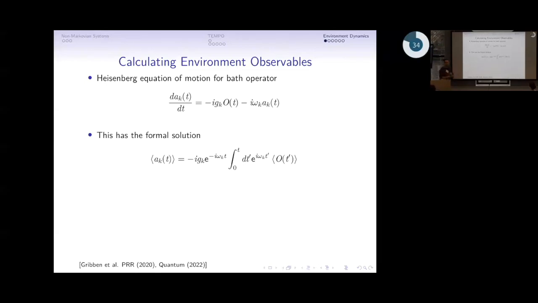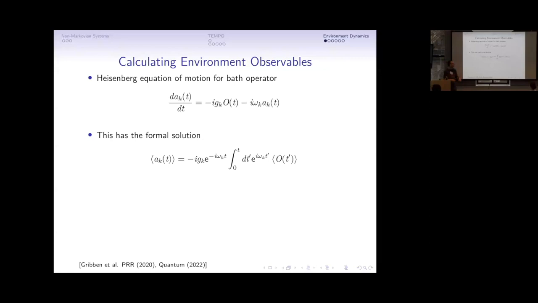So I can formally integrate this Heisenberg equation of motion, and it tells me that the average of one of these expectation values of an environment observable is just related to some integral over an expectation value of the system operator which coupled to the environment.